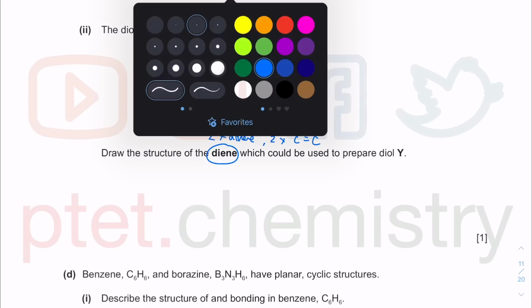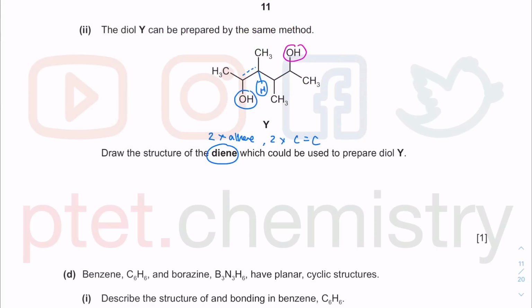And now if I draw another OH here, then I have another H here, so that means my other double bond is there. So I just remove that and I get the double bond, and I get this, which is the other one. So I get the double bond there and the double bond there, diene, two alkene.